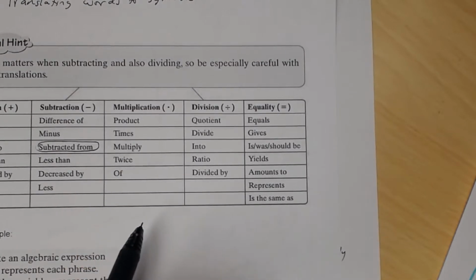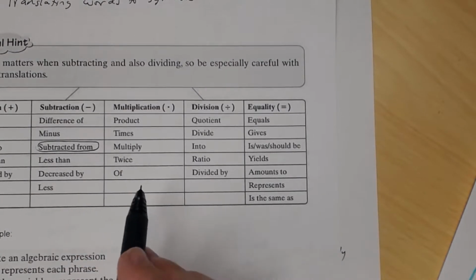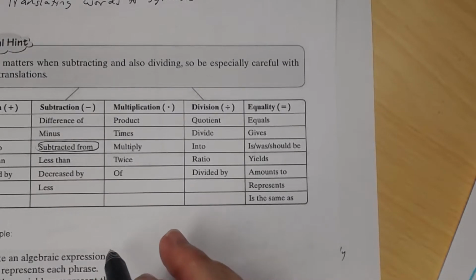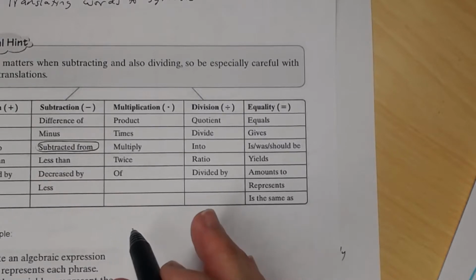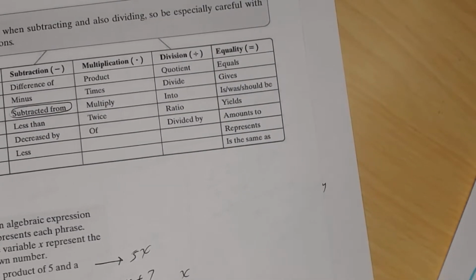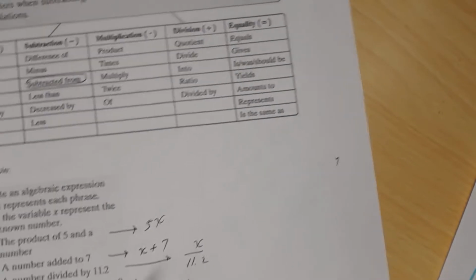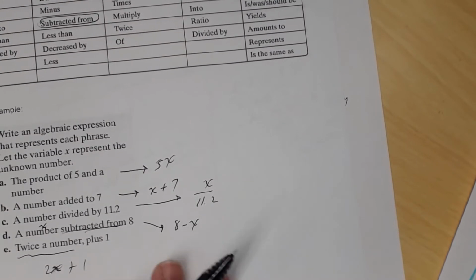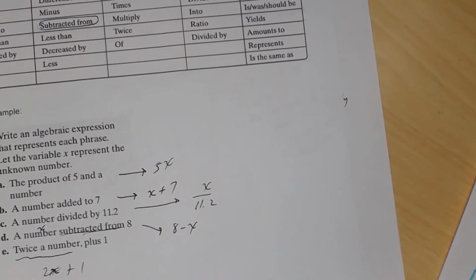If I say twice your age, that means if you're 20, then if I multiply by 2, if I double it, I'm going to get 40. So twice a number means 2x, and then a comma, and then plus 1. So there's your expression for that one.